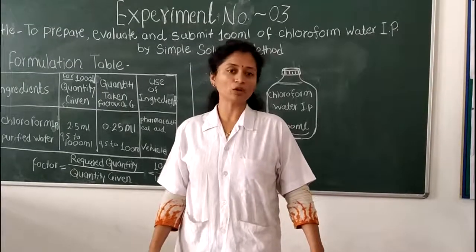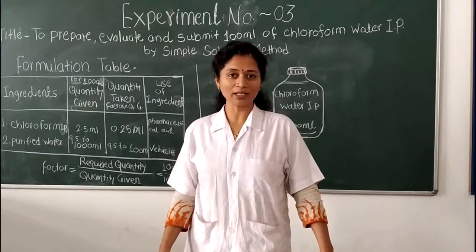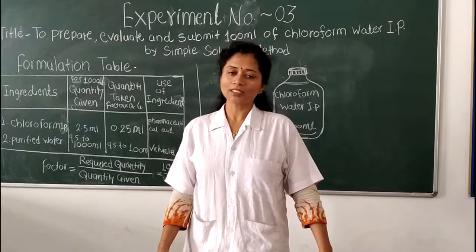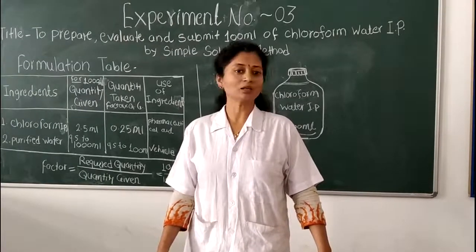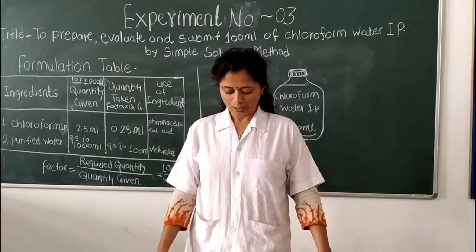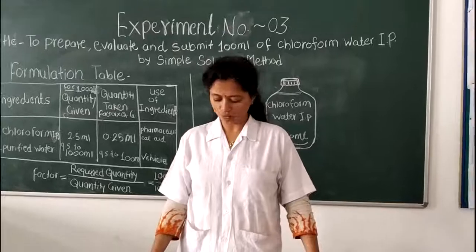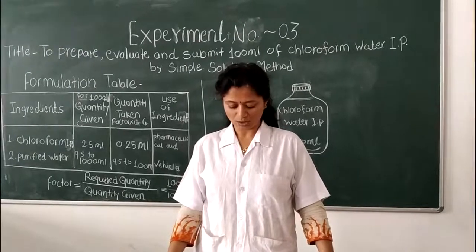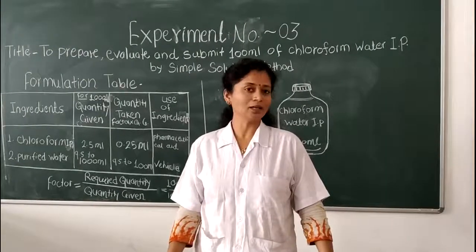Labeling of the formulation we discussed already, and after that the last part of our preparation, that is result. In the result, we have to prepare 100 ml of chloroform water IP preparation and we have to submit it in an airtight container.